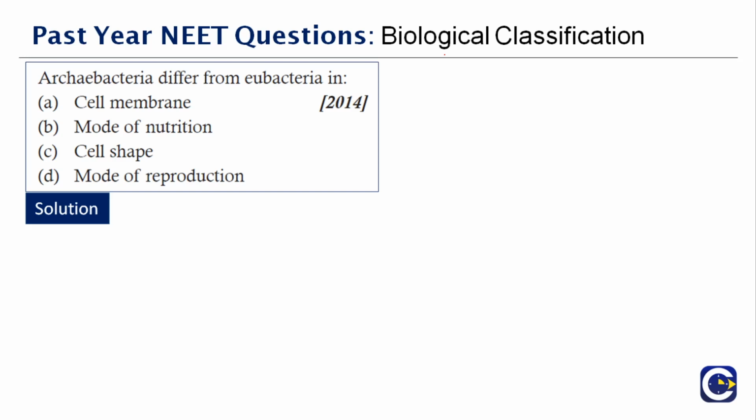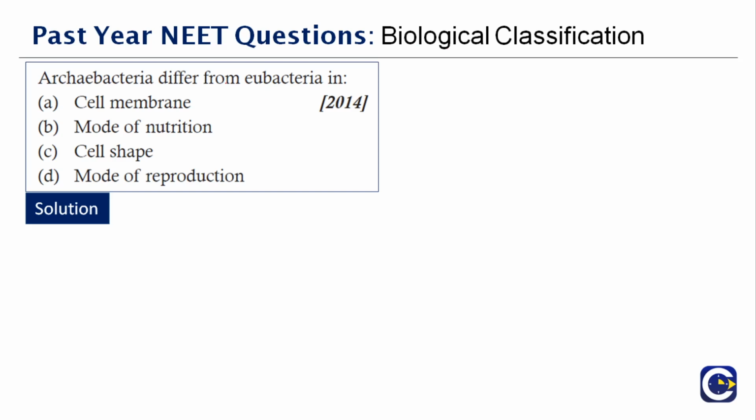So you're given 4 options here: cell membrane, then you have mode of nutrition, cell shape, and the mode of reproduction. Archaebacteria differ from other bacteria in having different cell wall structure. As I already said, eubacteria is found everywhere, while archaebacteria are found in extreme conditions also.